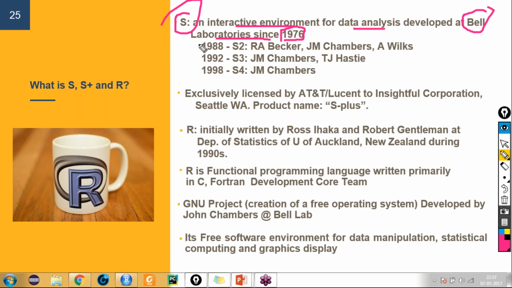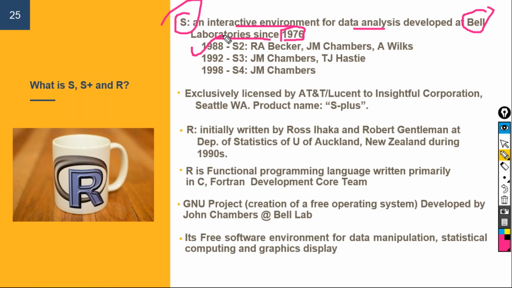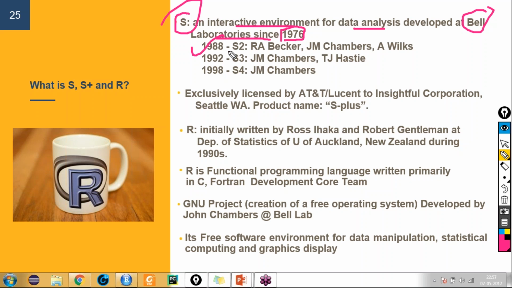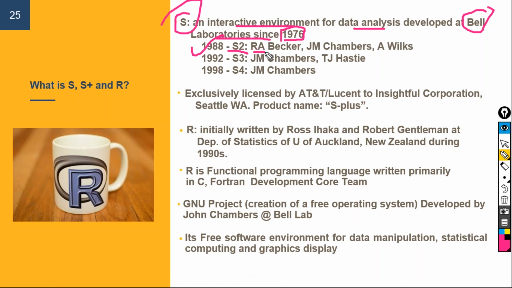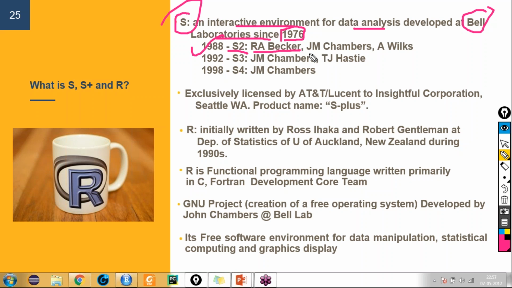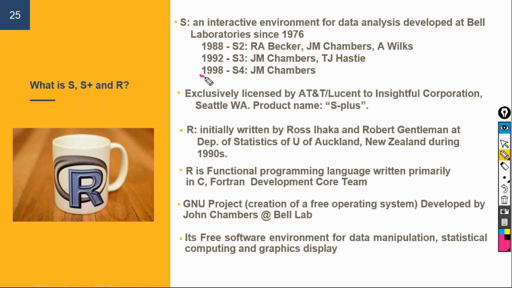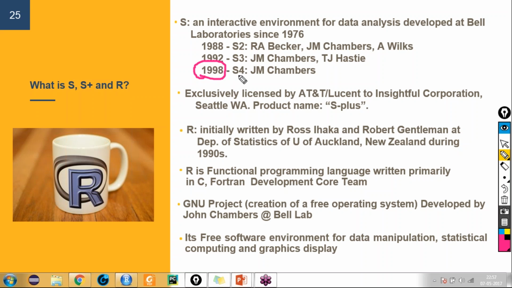But gradually time passed, and in 1988 the language turned into S2, upgraded, and that was done by R.A. Becker, J.M. Chambers, and A. Wilks, right? In 1992 the name becomes S3, by J.M. Chambers and T.J. Hastie. And in 1998 the version S4 comes, by J.M. Chambers, correct?